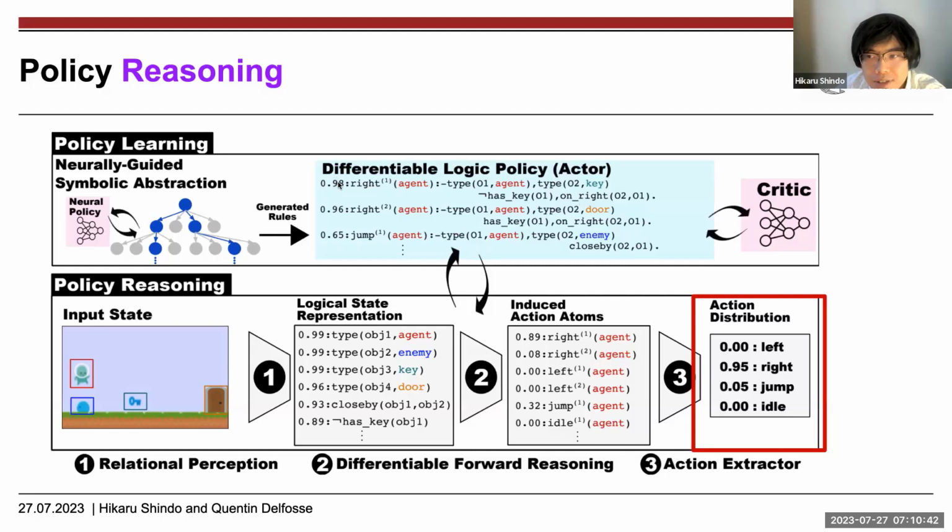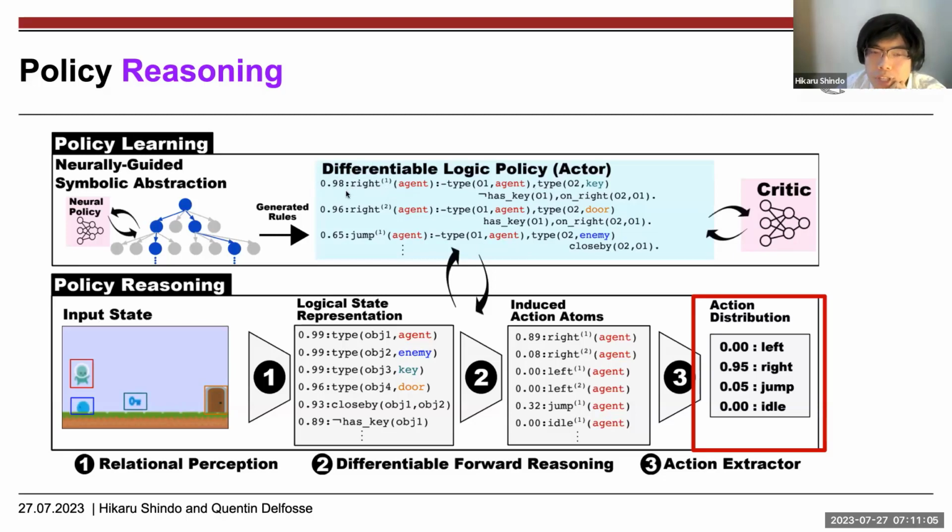If this weight is also high, in the end we get almost 1 for this atom. But if this weight is very small, even though this rule deduces this atom with a high value, it's going to be a very small value in the end.